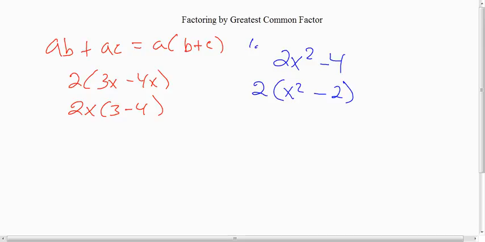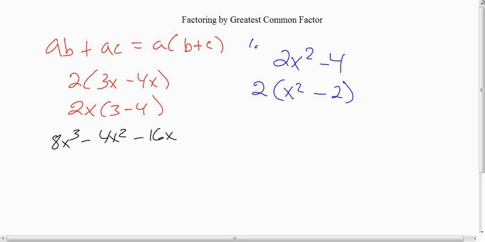Okay, so let's take a look at another problem, and this time we will take a look at a polynomial and see how that works. So here we have the polynomial 8x cubed minus 4x squared minus 16x.